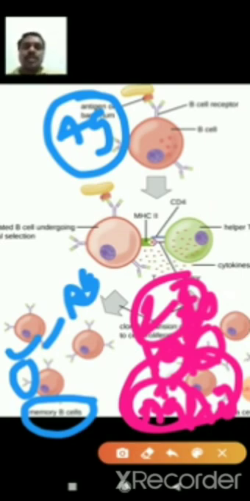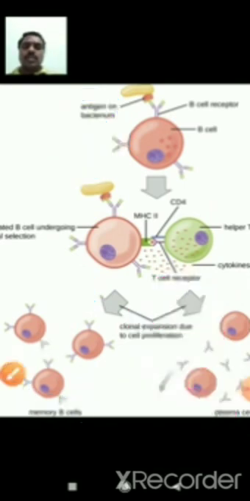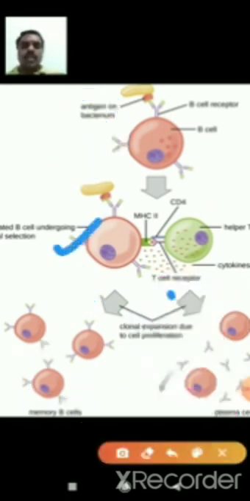For example, suppose malaria enters our body. Then the B cell is activated by macrophages or T helper cells or on its own, and after that the B cell releases plasma cells.